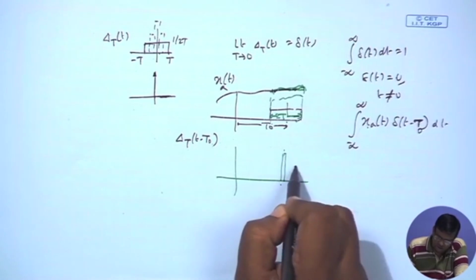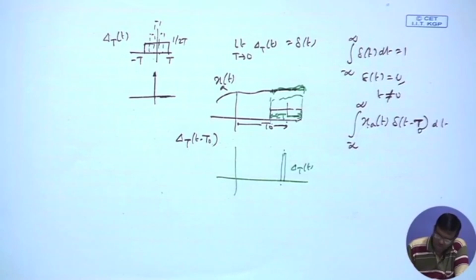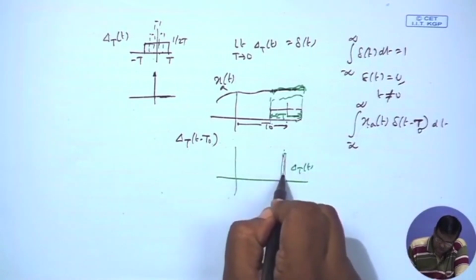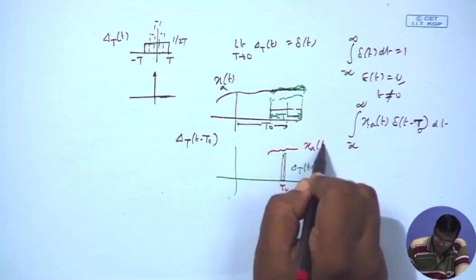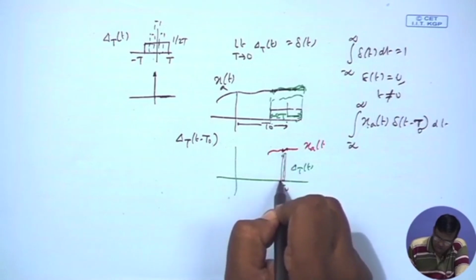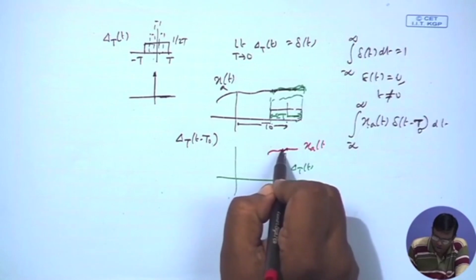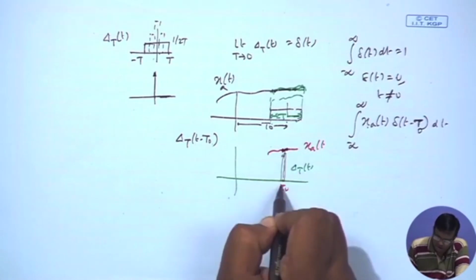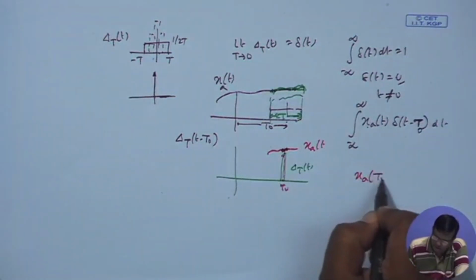this is your delta_T(t), this is your center point t naught, and this is your x_a(t). When you multiply this with this, basically this part will multiply this function, but the width is so narrow that there is hardly any variation here. So you can approximate this function to be a constant, x_a at the center point t naught.